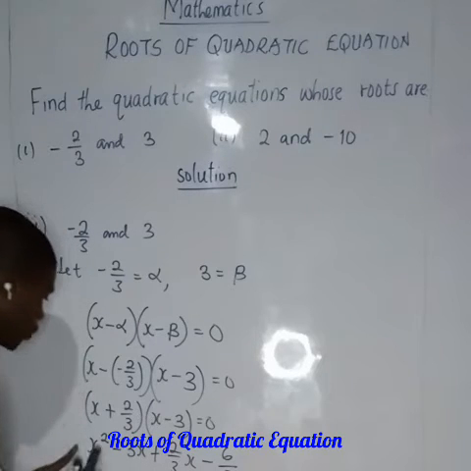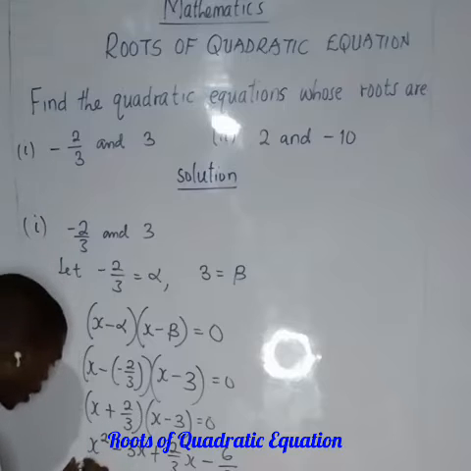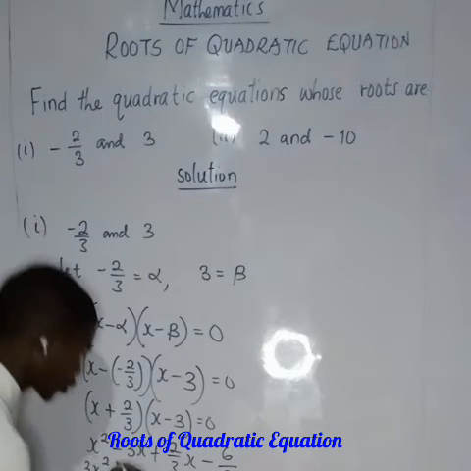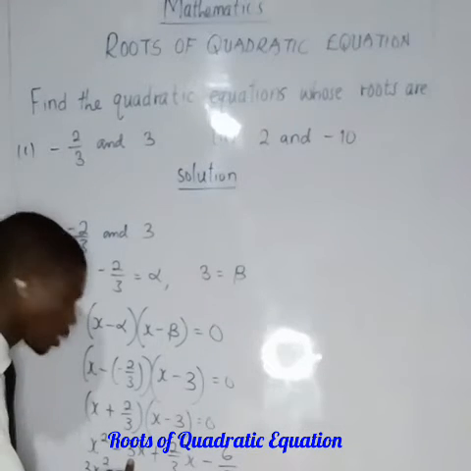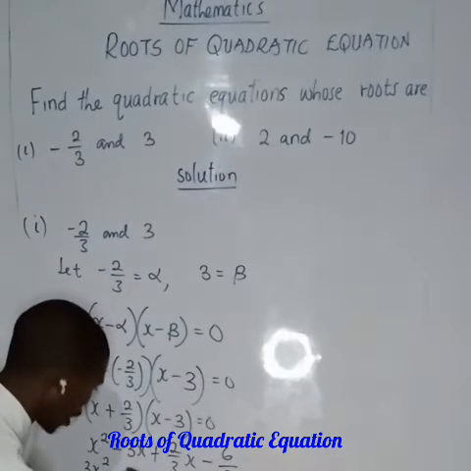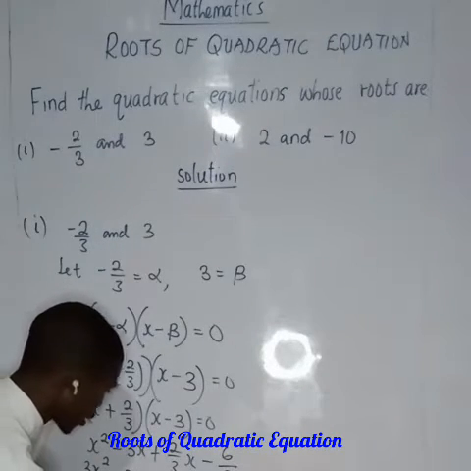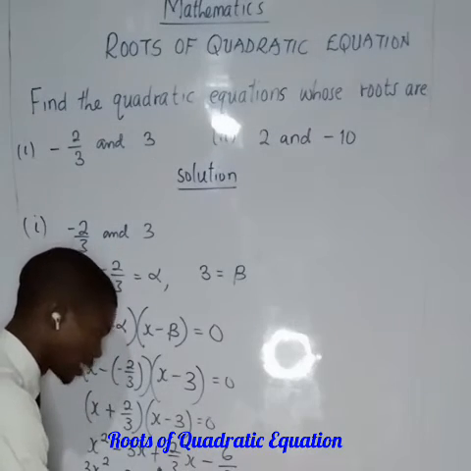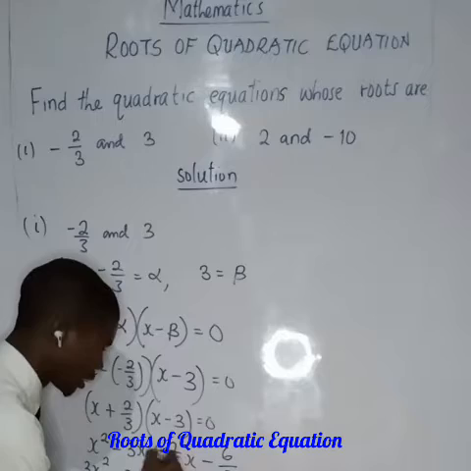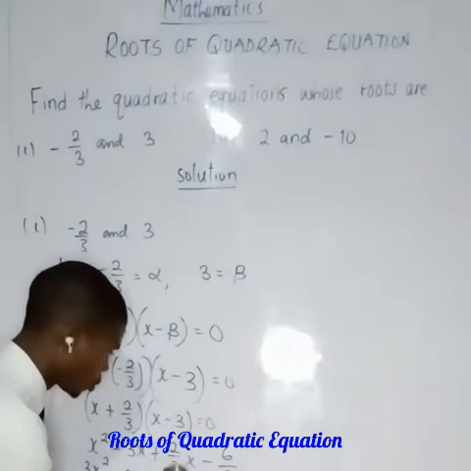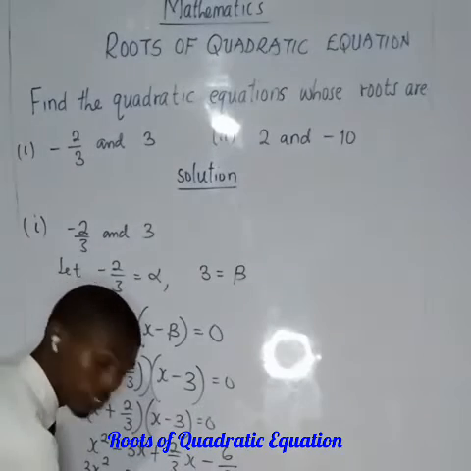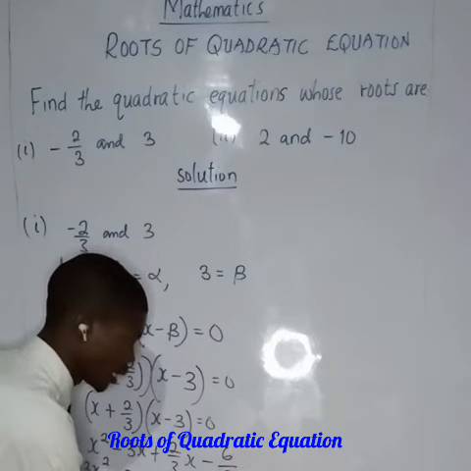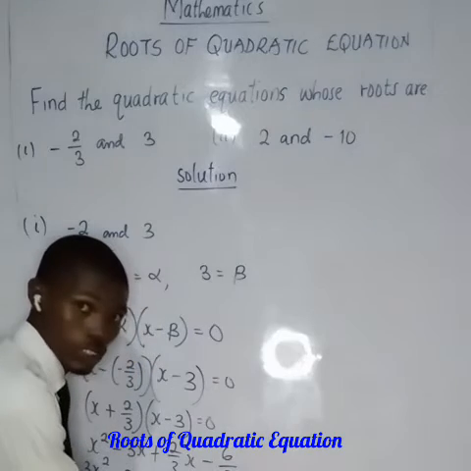So if I multiply the first term here by 3, I'm going to have 3x squared minus, if I multiply the second term by 3, I'm going to have 9x plus, if I multiply the whole of this by 3, of course, the 3 cancels the 3 here, which will give me 2x left. Then minus, if I multiply the whole of this by 3, of course, I'm going to have just 6.